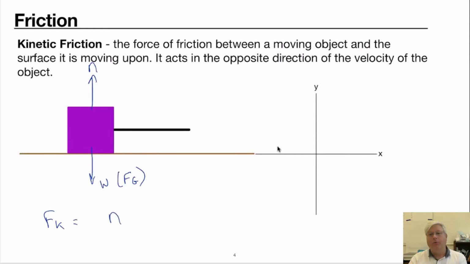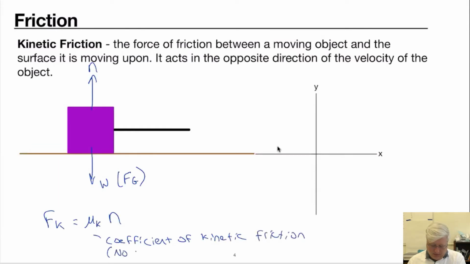Okay, and there's a proportionality constant, which we call mu, Greek letter mu, subscript k. So that mu is the coefficient of kinetic friction. And since it's a coefficient, there are no units.